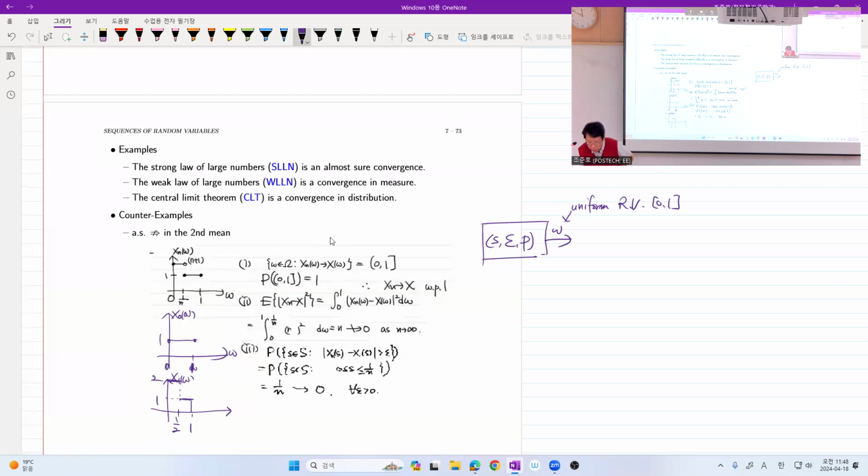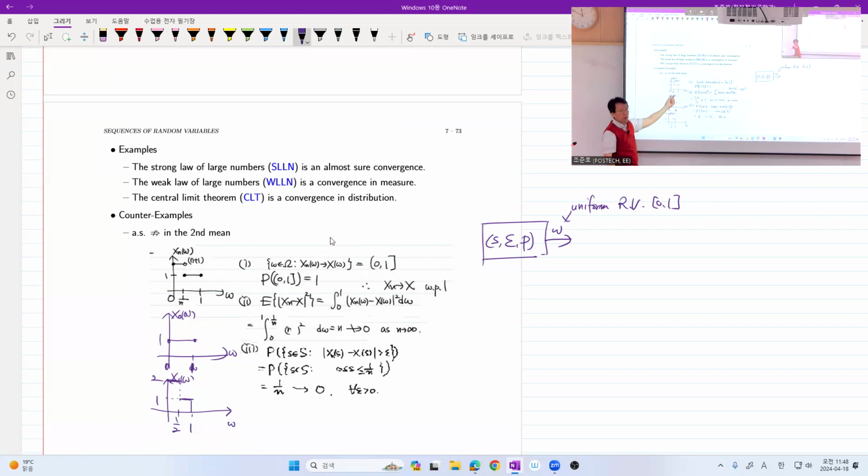For the interval 0 to 1/2, you have value 2, and for the other, you have 1, right? Now, what about n equals a million? This value goes up and up and up. However, its interval diminishes to 0 to 1 over a million, right?